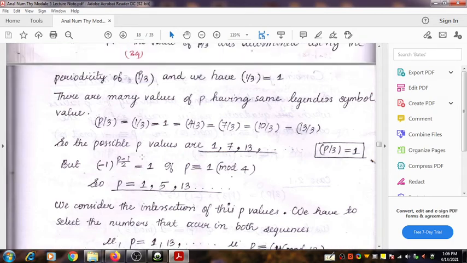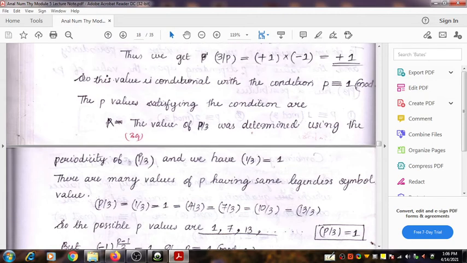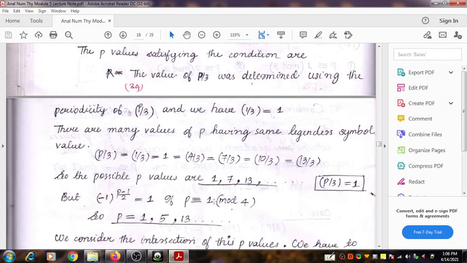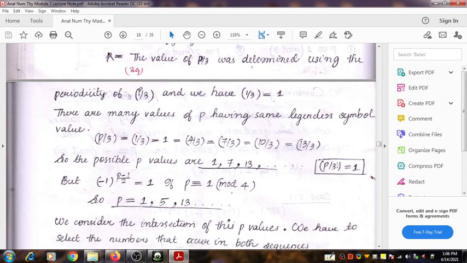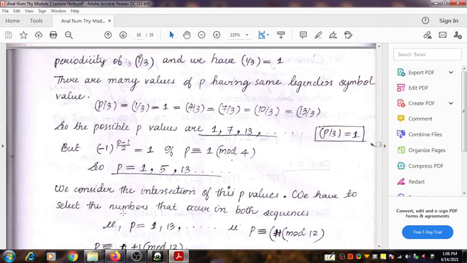Prime numbers also we need to choose, those prime numbers which satisfy the condition. The first condition is P congruent to 1 mod 3, and those prime numbers are 7, 13, etc. The prime numbers which satisfy the second condition, P congruent to 1 mod 4, are 5, 13, etc. Then you can compare these two lists.